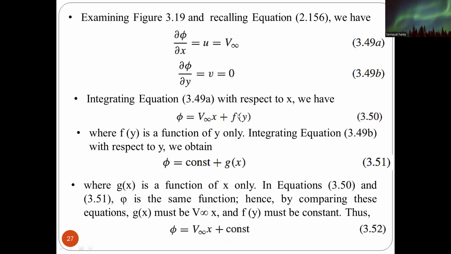Therefore, combining the two equations, phi is equal to V infinity x plus constant.